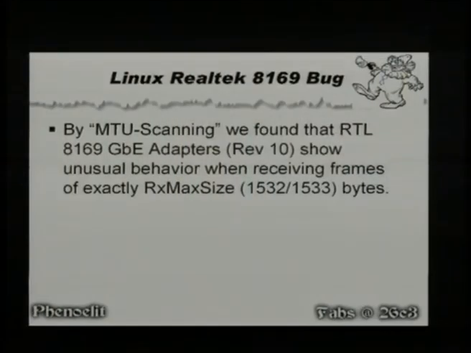And that's something we're going to be using. So what we did was, we did MTU scanning, meaning we just sent frames of all possible MTUs to the adapter, and we just see whether something weird would happen or not. And we found out that when you send a frame of exactly RX mux size bytes, then the adapter will show some really fancy errors, as François put it.